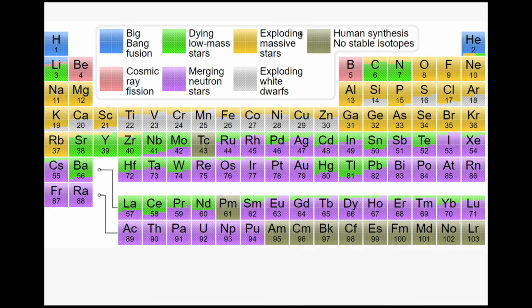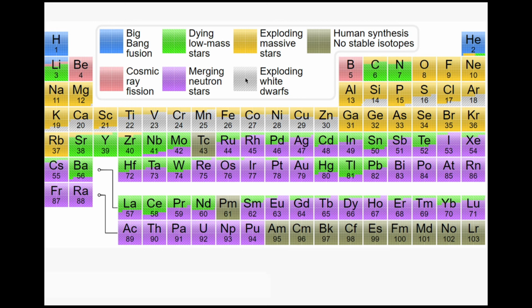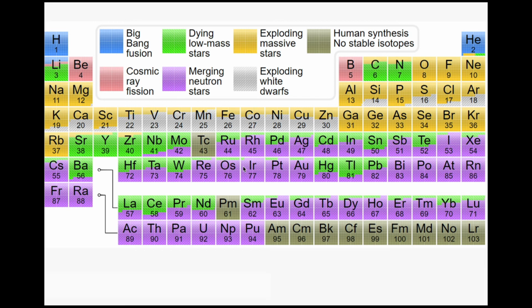And you'll notice there's also a category here for americium and berkelium and californium, these guys that are made by human beings. But the purple, the green, the yellow, and the white represent ways in which neutrons are forced into the nucleus of existing atoms and pathways to make all these other elements.